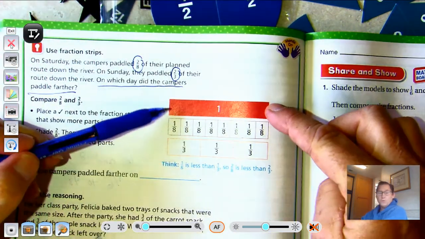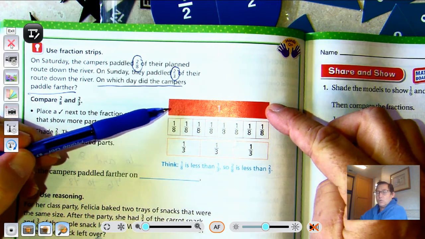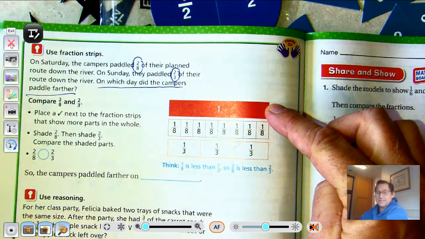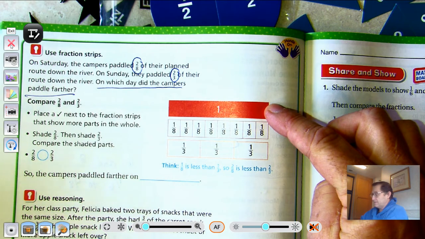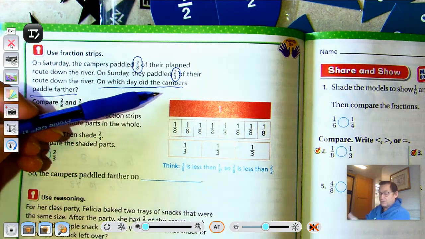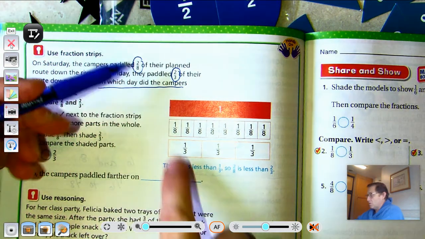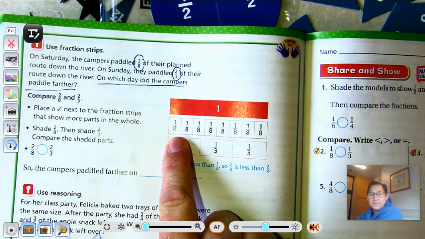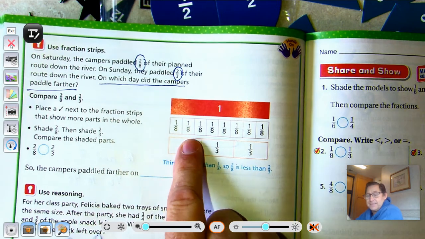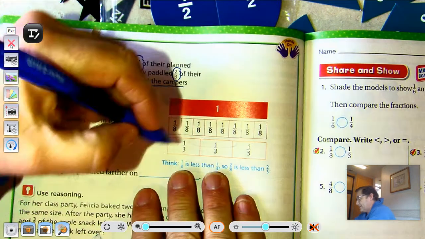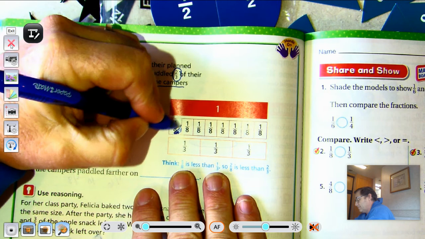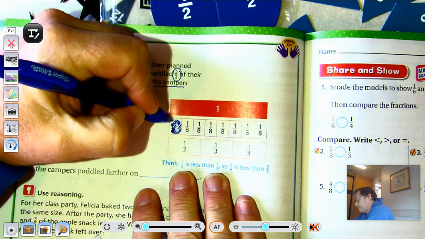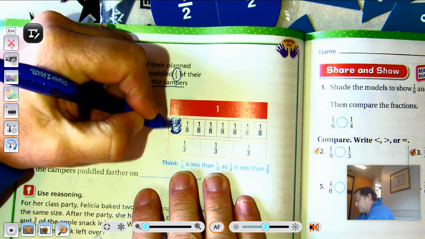So in a whole, okay, we know that the distance is still 1, no matter how much of the distance they traveled each day, the distance was going to be the same from start to finish. So on Saturday, they basically broke their trip into 8 equal sections, and they did 2/8 of the trip.